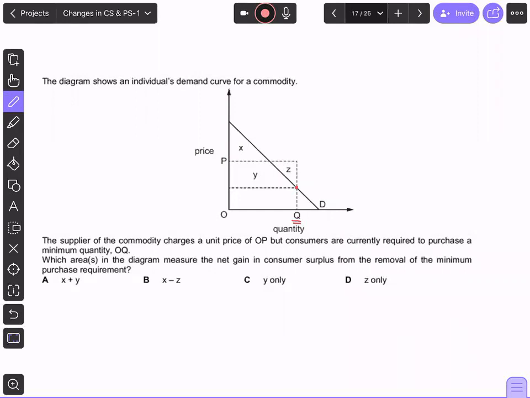देखो, अगर आप मिनिमम अमाउंट की रिक्वायरमेंट रखते हो, सही है, so होना क्या चाहिए था? At this point, if the price was P1, let's say, सही है, तो P1 पे क्या होता है?